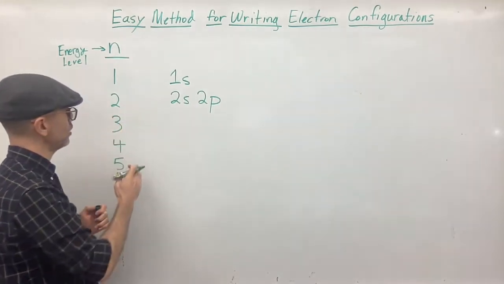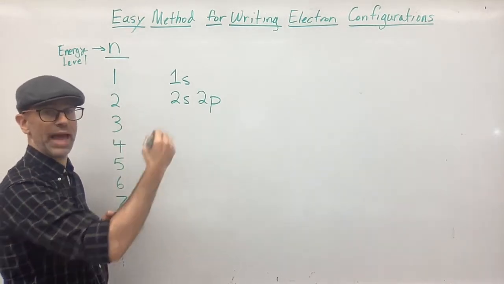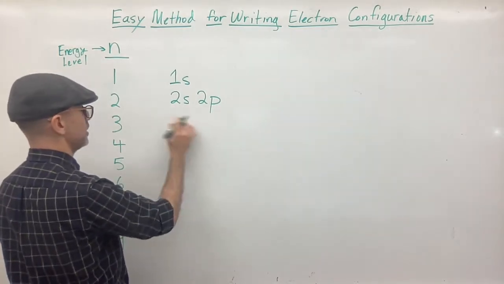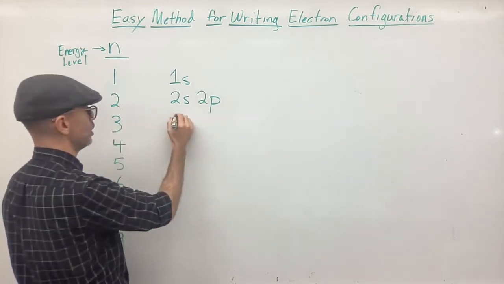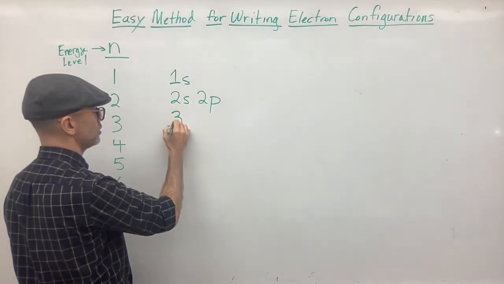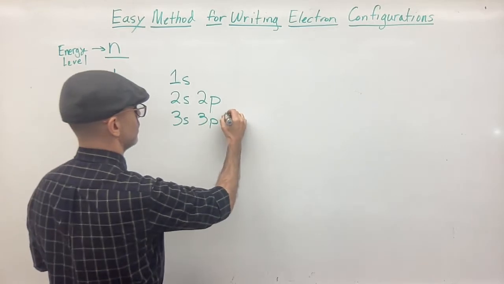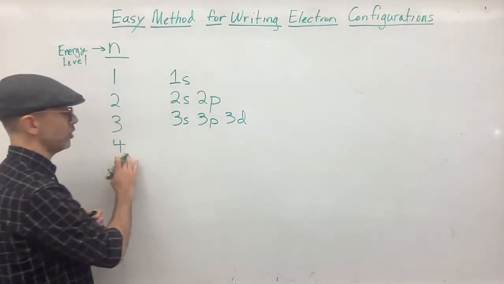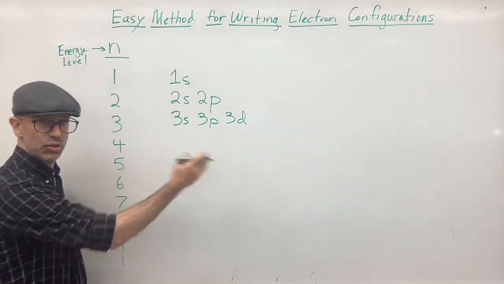And for the third energy level, we have 3 sublevels. So that's going to be S, P, and this is where we add the D. But since we're at the third energy level, that's going to be 3S. So we're going to put the energy level in front of the letters. So 3S, 3P, and then we have 3D added on. And so then we keep going, and for every number we add a new sublevel.